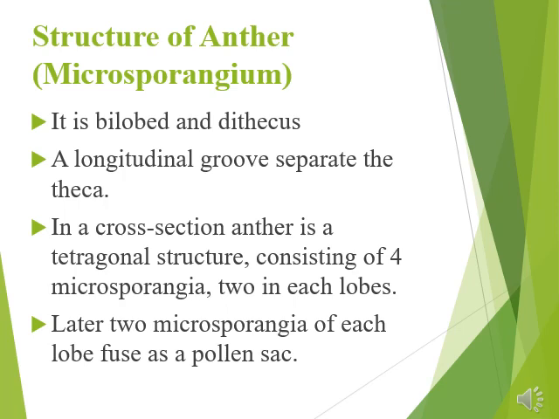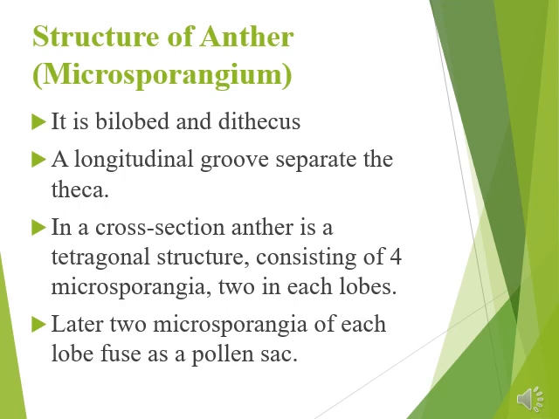Now the development of microsporangia is of the eusporangiate type, that is from a group of initial cells. A few cells in the hypodermal region become differentiated as archesporial cells. For example, in Boerhaavia, the archesporial cell divides periclinally to form an outer primary parietal layer and an inner sporogenous layer.